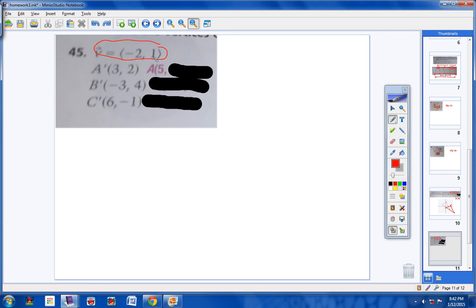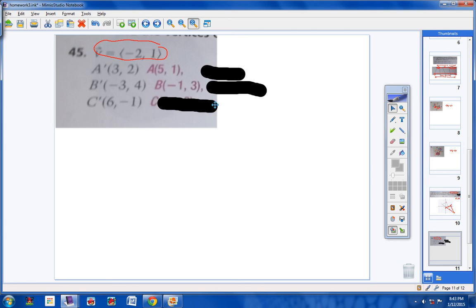So instead of adding 1 to the 2, you're going to subtract 1, which would give you a 1. Same thing here. Instead of subtracting 2, add 2. So negative 3 plus 2 would be negative 1. And then instead of 4 plus 1, it's 4 minus 1. That would give you a 3. And then instead of 6 minus 2, it's 6 plus 2. That would be 8. And then instead of negative 1 plus 1, it's negative 1 minus 1. That would be negative 2.